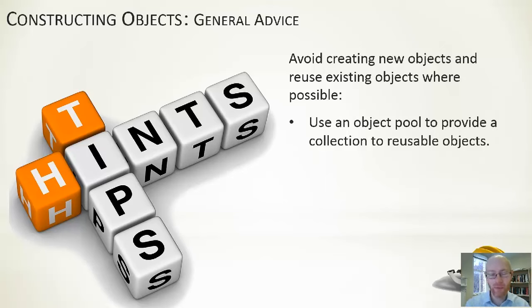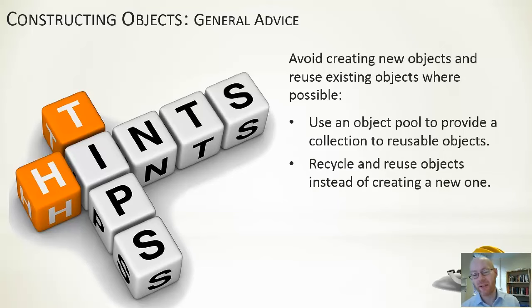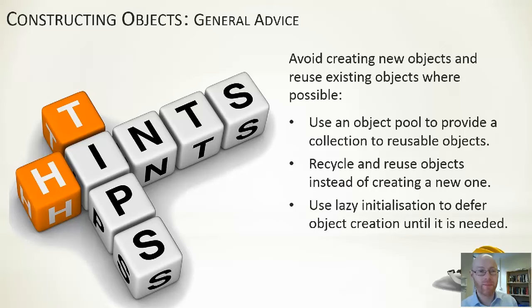You can take them out from the pool to use them, and when you're finished with them, you put them back inside the pool so they can be picked up and reused. Again, that's the whole notion of recycling and reusing objects. That saves us from creating and then having to delete an old object. And as mentioned, the notion of lazy instantiation: we only create objects when we know that we really must create one, not before.